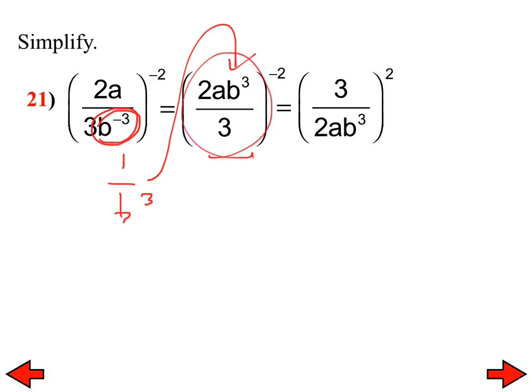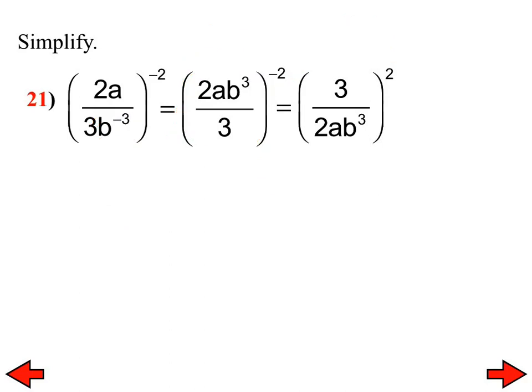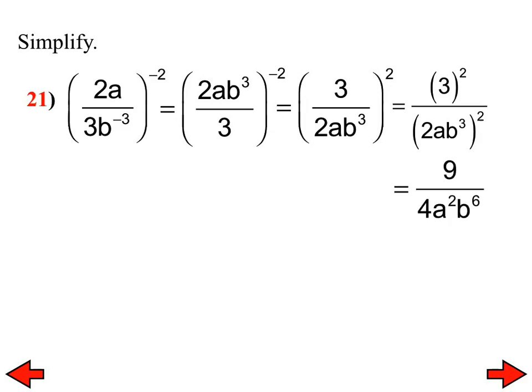That's why I took this and flipped it over, and then the outside exponent became a positive now. And I wanted to do that because now that makes it easier to use the power of a quotient rule. Pull that exponent in and make sure we do it to everything. And so that should be 9 over 4a squared b to the 6th.